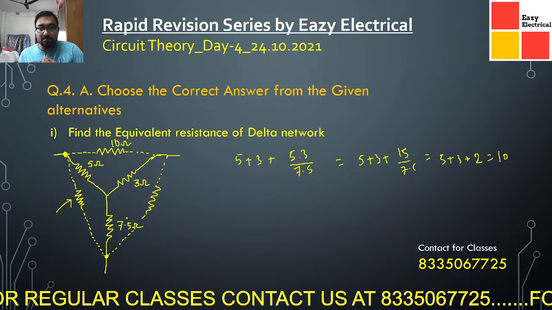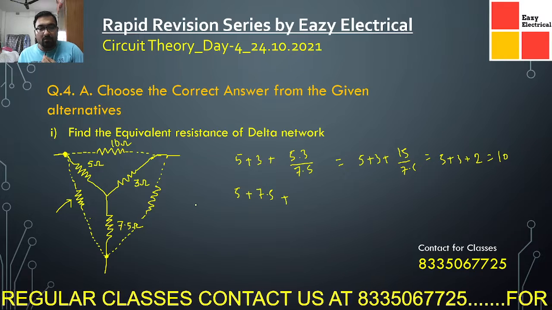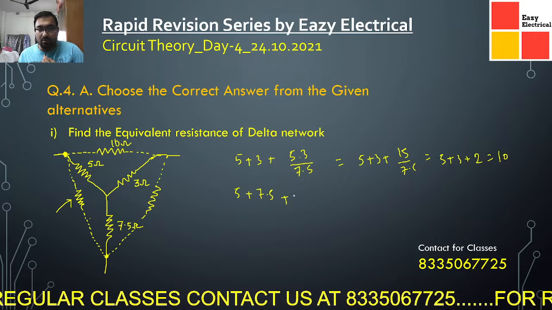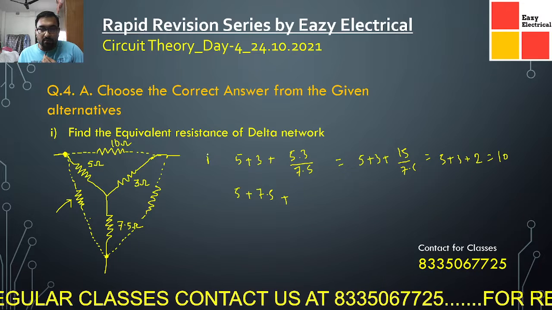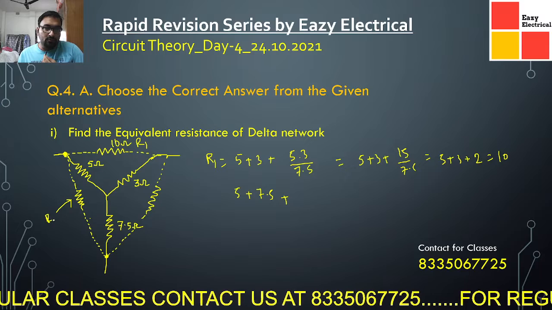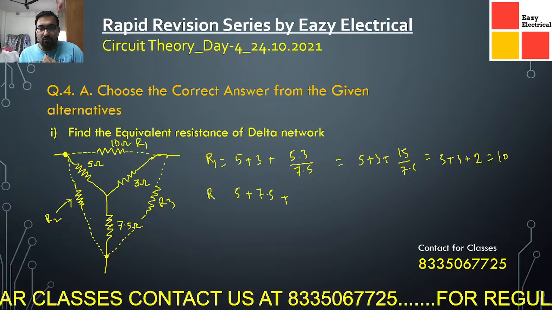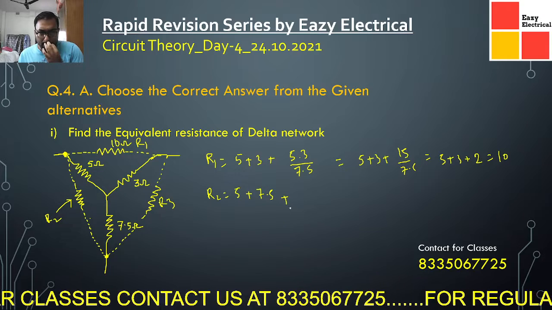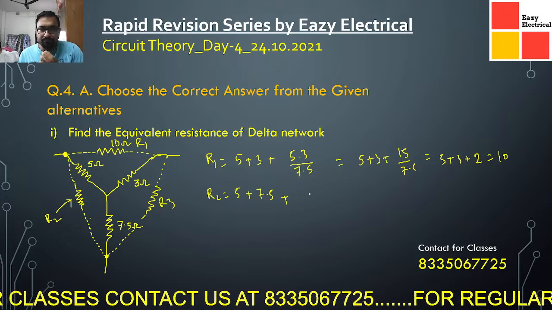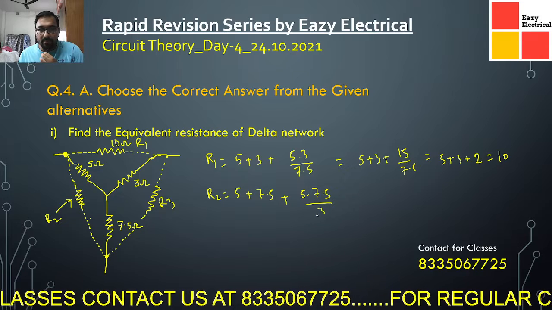Sum these two things, 5 plus 7.5 plus whatever it is. Suppose this is R1, right? This is R1. I have calculated this is R2. This is R3. Now R2 is 5 plus 7.5 plus 5 into 7.5 divided by 3, right?